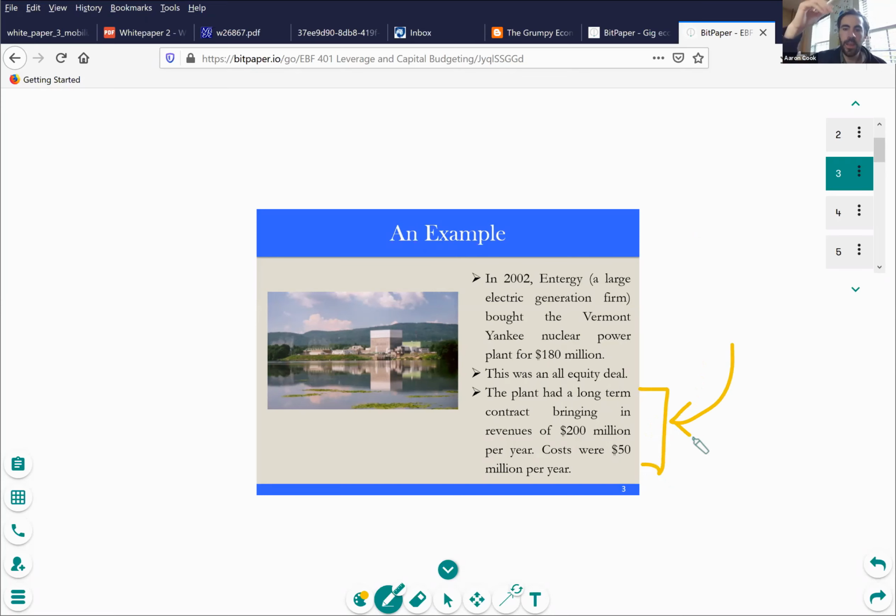There's some product and service that this plant is going to generate. It's going to generate energy, which can be sold to businesses and consumers. They're going to pay a price for that. That's going to bring revenue into the company. And then there's going to be operating costs associated with that. So you can think of these as being the fundamental characteristics of the project.